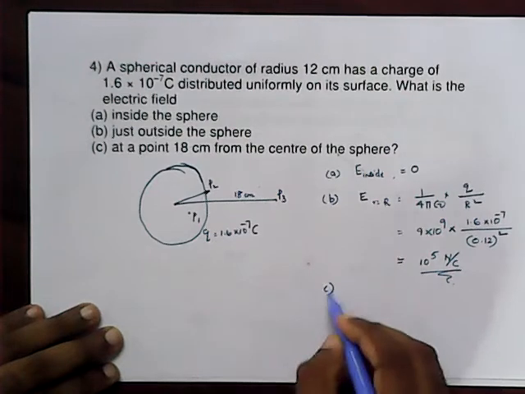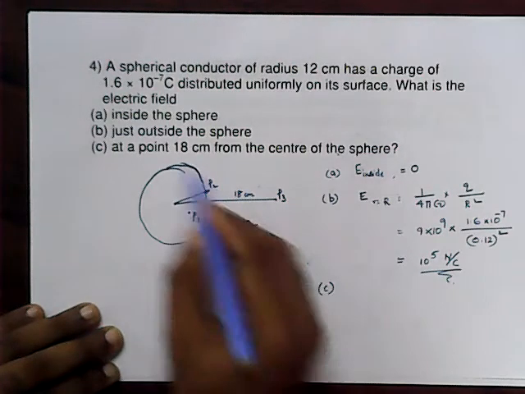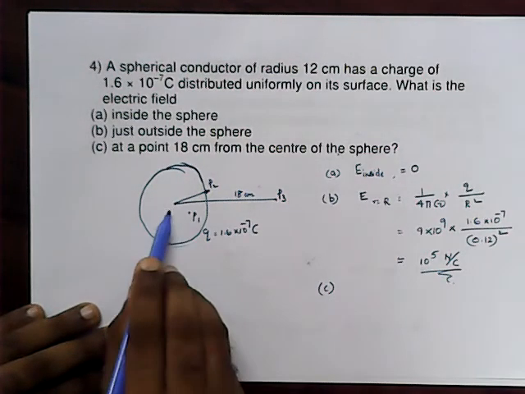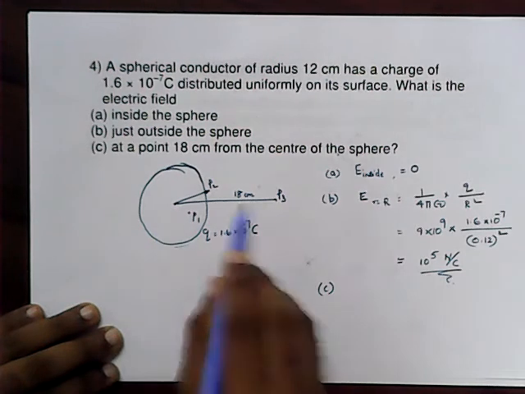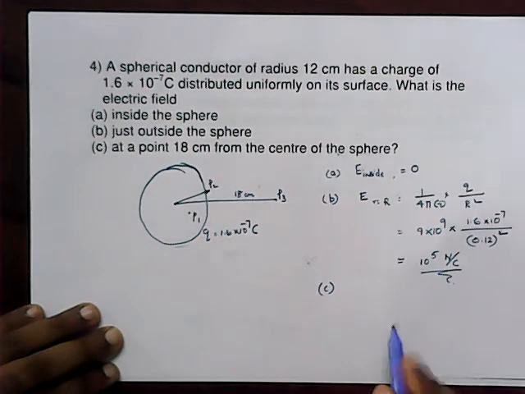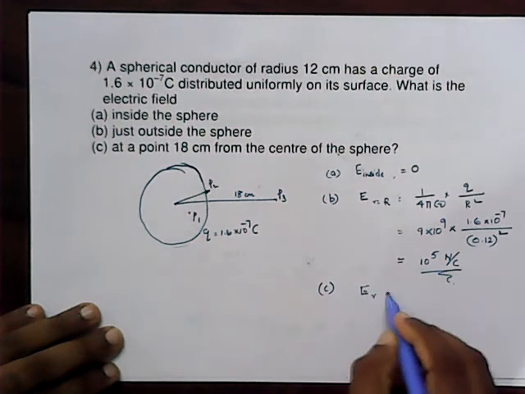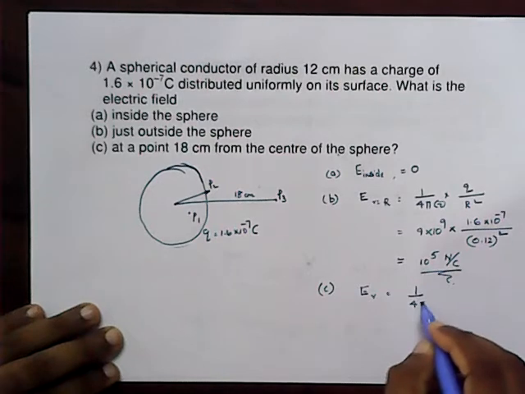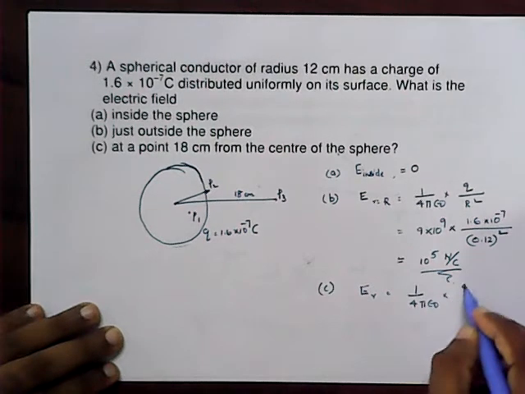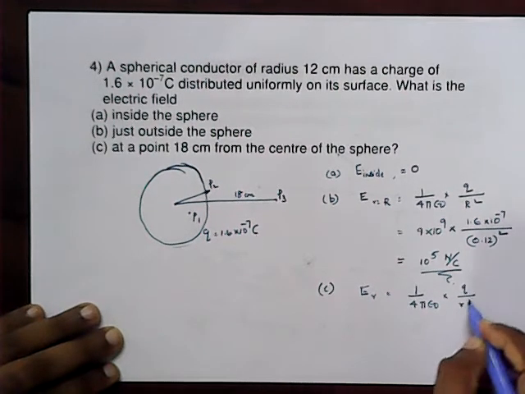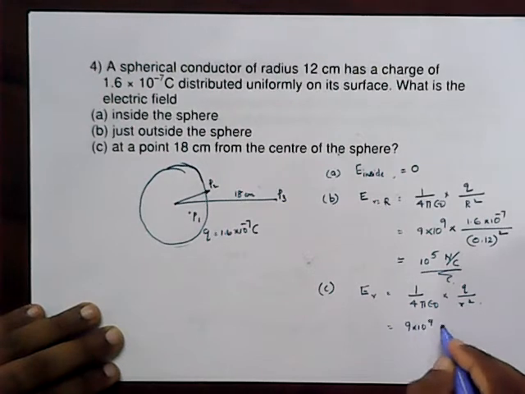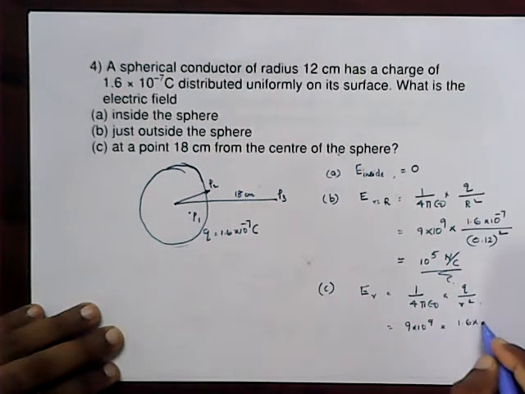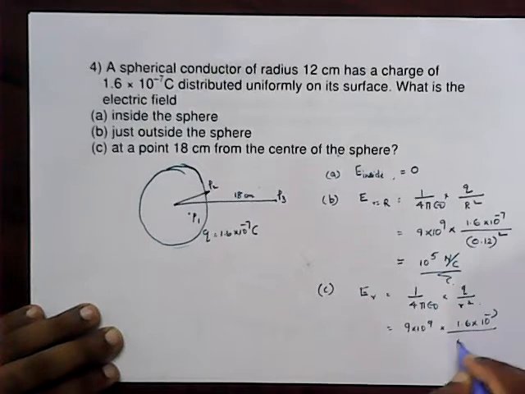And similarly, at any point outside, you can consider the whole distributed charge concentrated at the center as a point charge, at a separation of 18 centimeter. Therefore, the electric field is 1 by 4 pi epsilon 0, Q division by R square, equal to 9 into 10 raised to 9 into 1.6 into 10 raised to minus 7 by 0.18 squared.